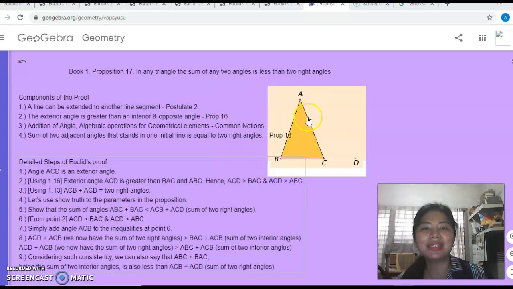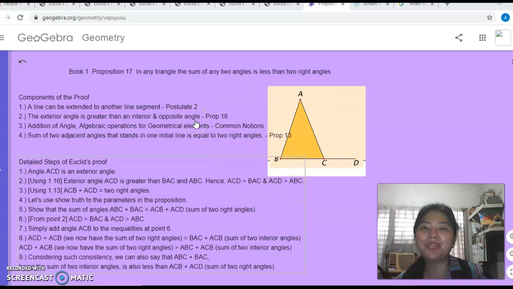Again, these two angles are interior and opposite to the exterior angle ACD. So using Proposition 16, we have these two inequalities: ACD greater than BAC and ACD greater than ABC.